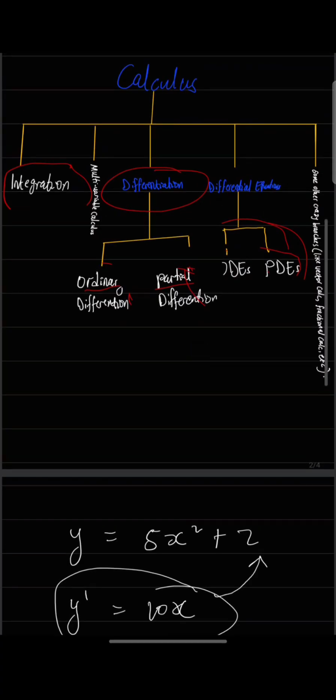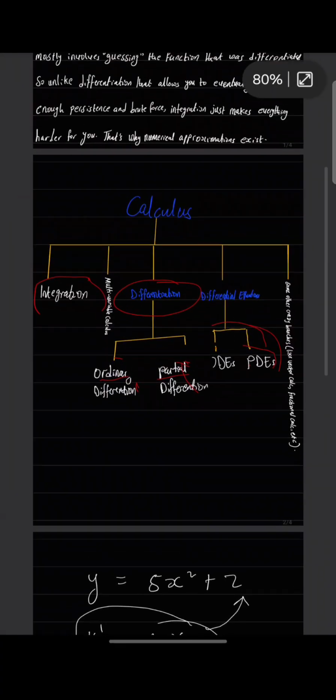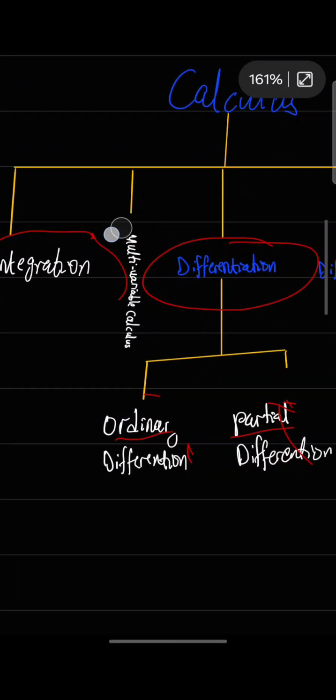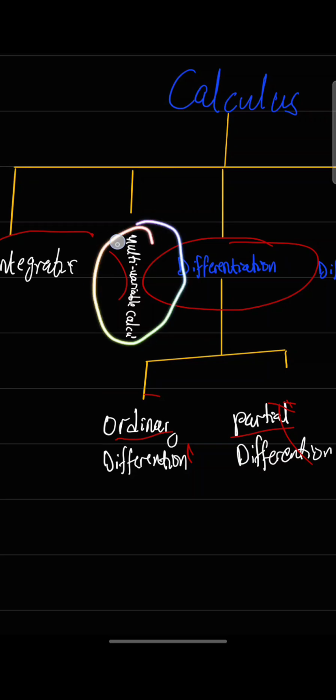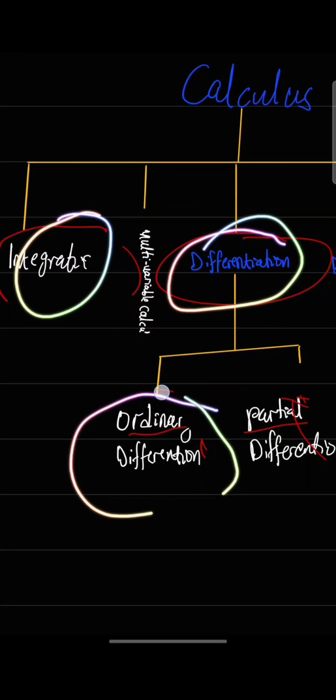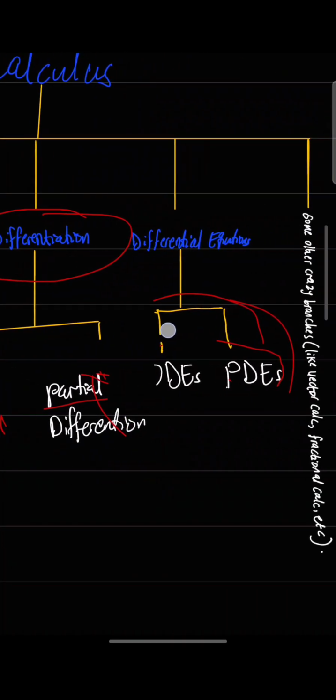So that is it. I mean, this chart was drawn to show you that this whole thing is still part of calculus, okay? We had Calc 1, we had Calc 2, we have multivariable calculus over here, and so many others. We have integration, we have differentiation, which consists of ordinary differentiation and partial differentiation.